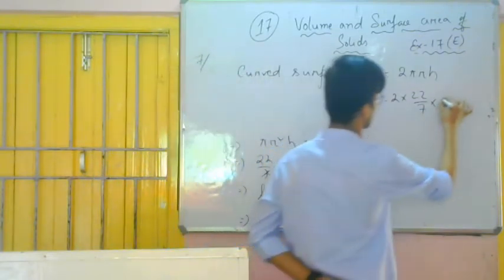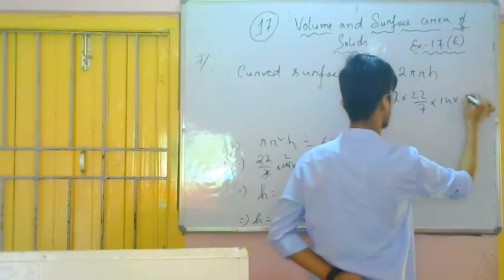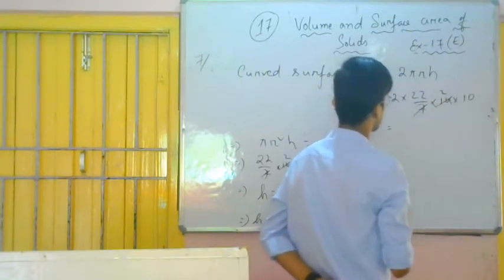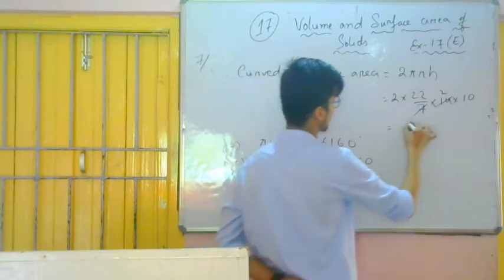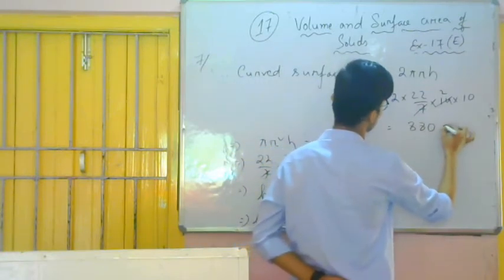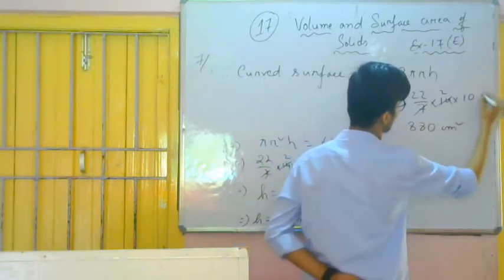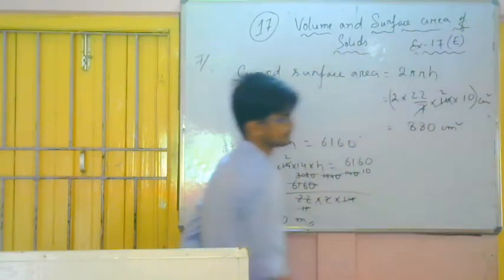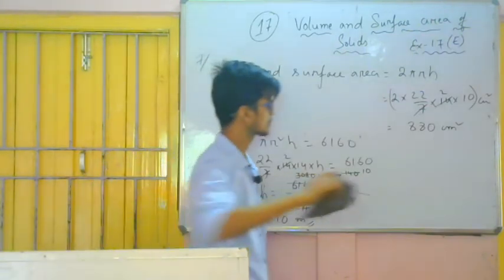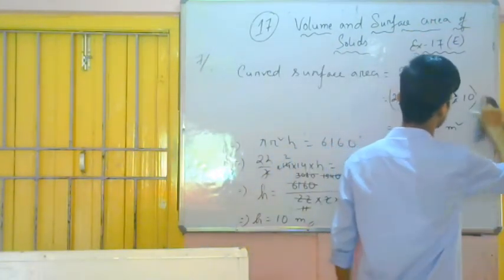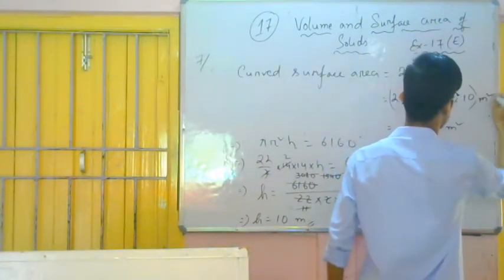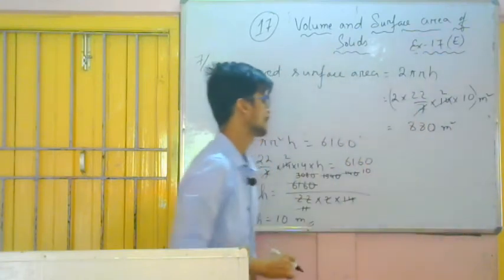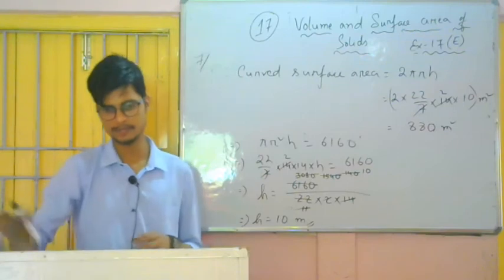It was 14. 14 into 10, so 7 2s are 14, 2 2s are 4, 4 2s are 8, 880. Unit will be, sorry, the unit is meter, so it will be meter square. 880 meter square.